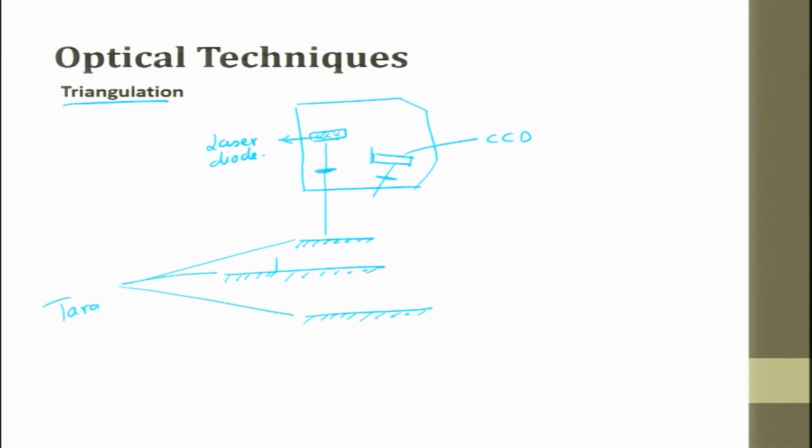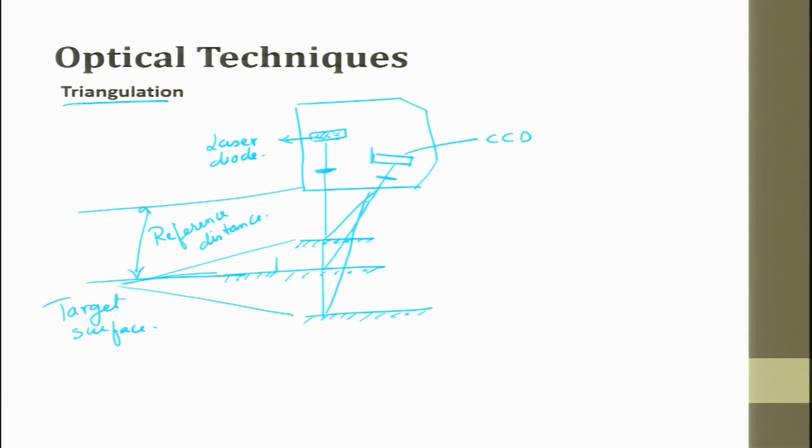These are the target surfaces, and this is the reference distance. The light hits from here, goes to here, light hits from here and goes to here.